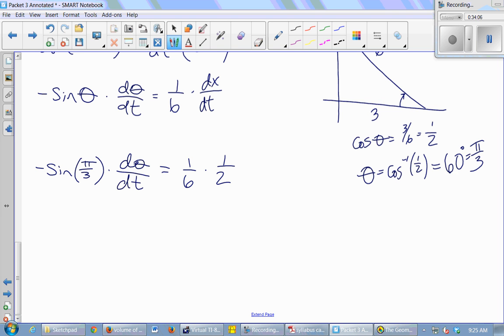Positive what? Oh, oh no. Sine, yeah. √3/2, yeah. So this is going to be negative √3/2 because of this negative out front. Times dθ/dt equals 1/12. And then just solve for dθ/dt.